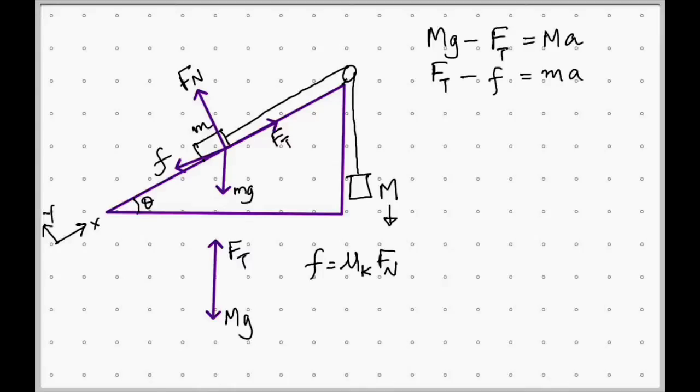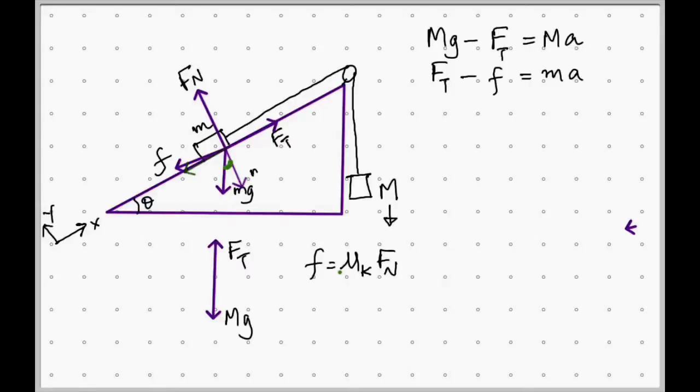That's correct. But you need to know what theta is. Fn, you can see, is not equal to mg, is it? No. So you have to resolve mg into its two components. Break it into its two components. That's what you do. And you have that. Hopefully you can see that. If this angle is theta, this is also theta.